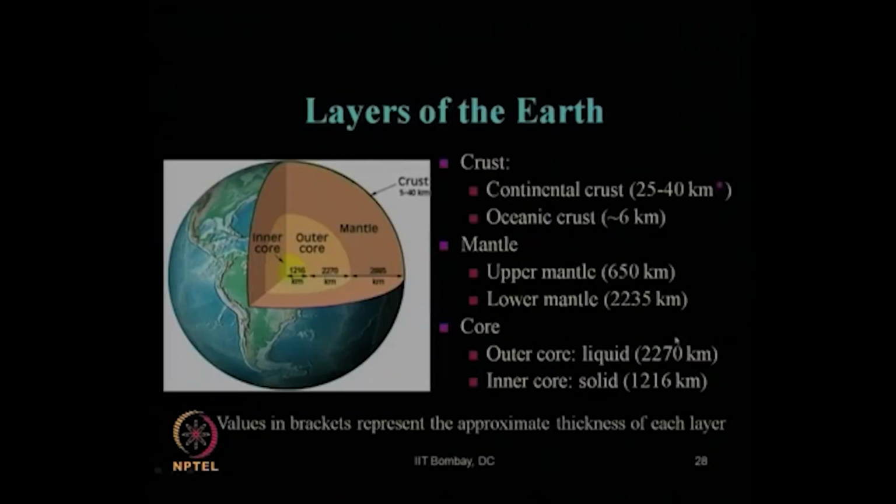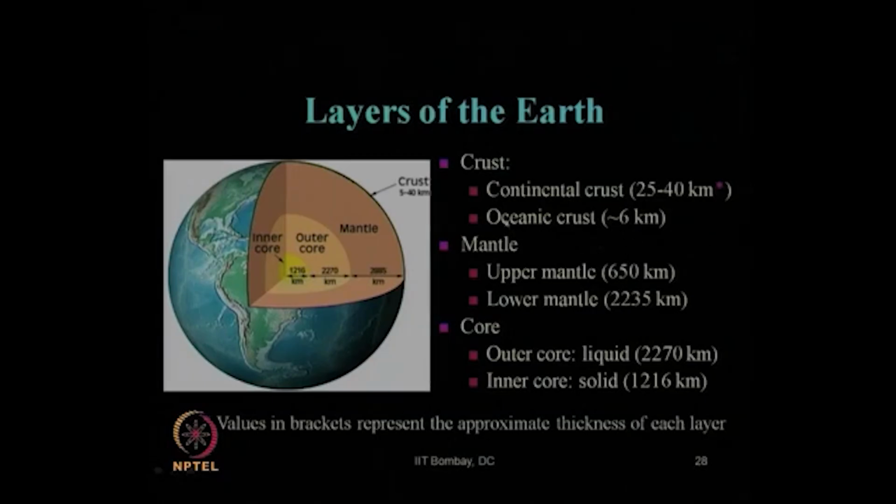A very quick recap of what we have learned in the previous lecture: the layers of the earth, which are basically subdivided into 3 major zones, crust, mantle and core, with their individual typical thickness. We have seen the outer core is in a fully fluidized state and the inner core is in a fully solid state.